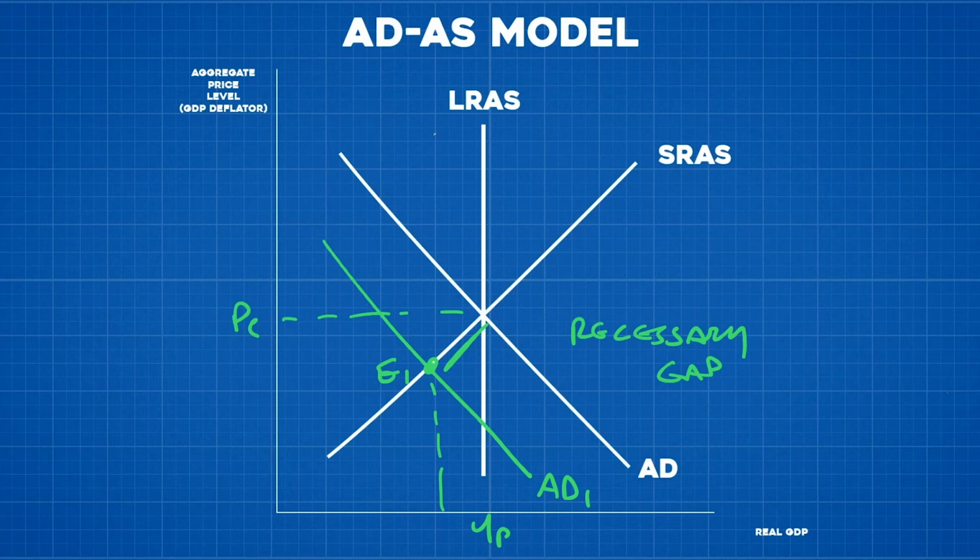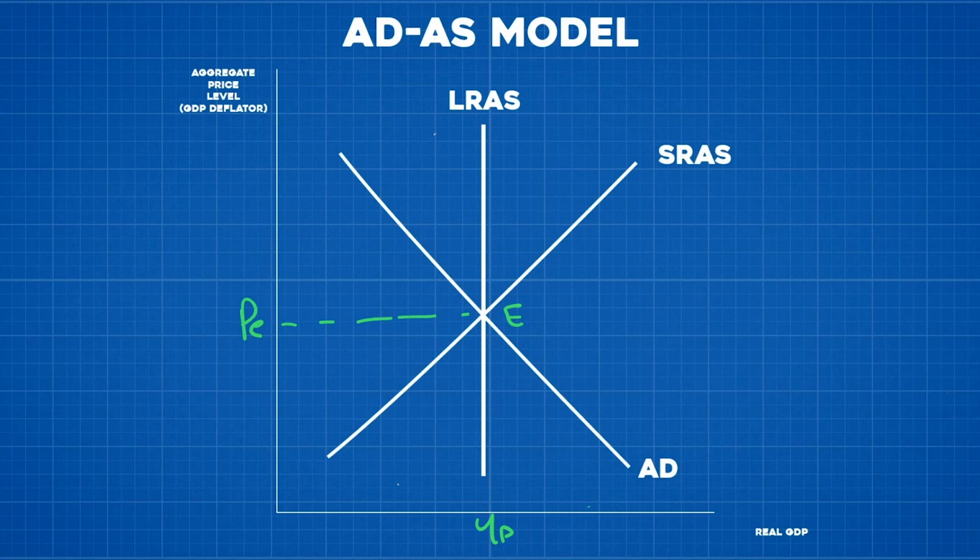So the reason why we don't like recessionary gaps is, you know, Nazis. Now, a recessionary gap is going to lead to high unemployment in the short run. But in the long run, wages will adjust and the short run aggregate supply curve will shift here and create the conditions for a new equilibrium. And that new equilibrium point matches our long-run aggregate supply curve and the nation's potential output.